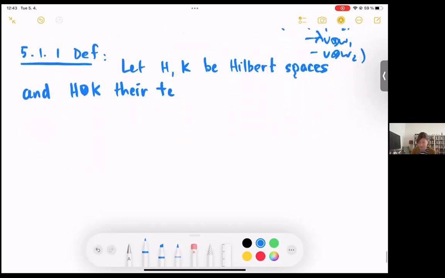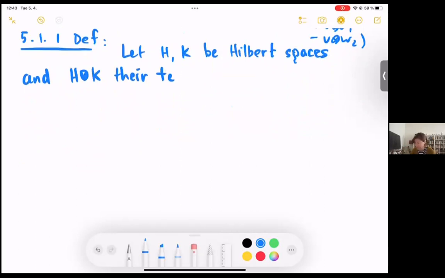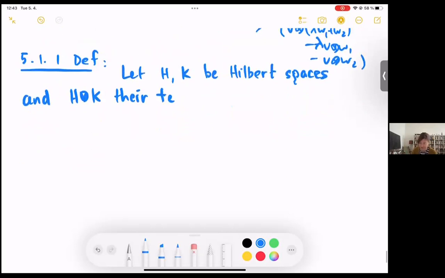Sorry, I kind of ran out of space. Hopefully that's ringing a bell from your linear algebra years. Okay, this is their algebraic, their vector space tensor product.